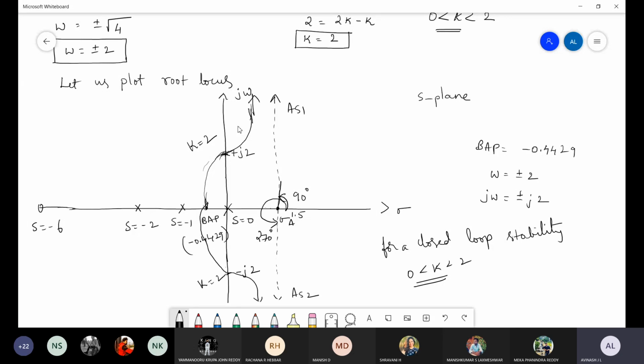Do you have any doubt in this particular numerical? Anyone of you? Since we have not got any complex poles and complex zeros, we are not obtaining any angle of arrival and angle of departure. That type of numerical we will also discuss in our further classes.